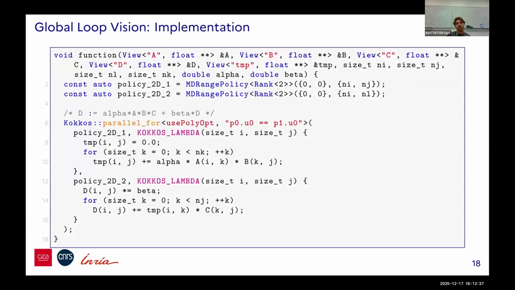And this is why I propose this implementation. So at line 6, you can see parallel for with multiple kernels. Here we have two kernels with two pairs of policy and kernel.